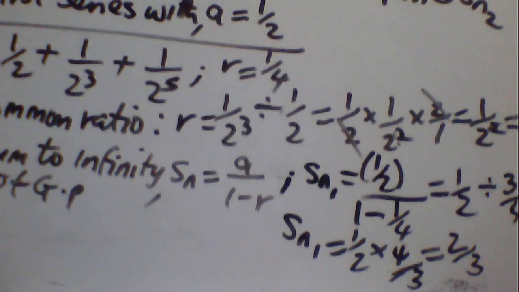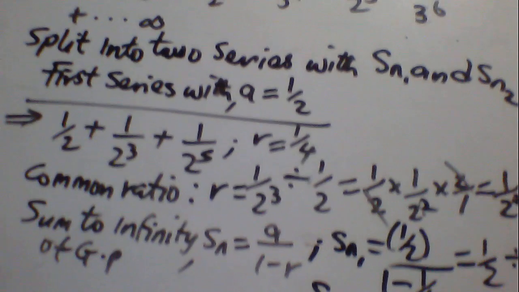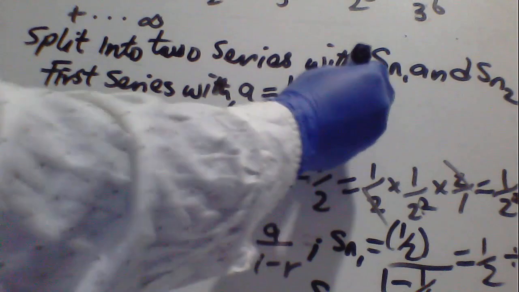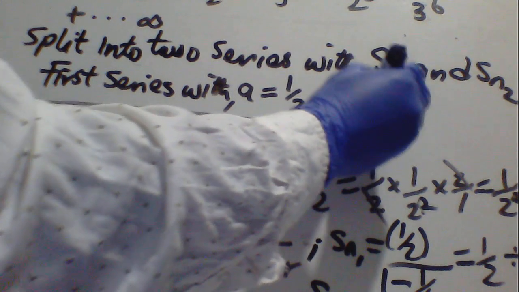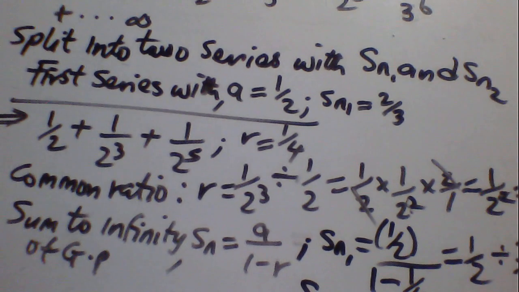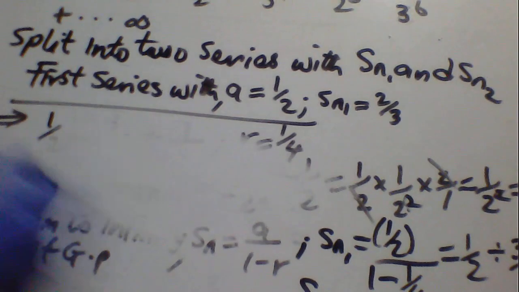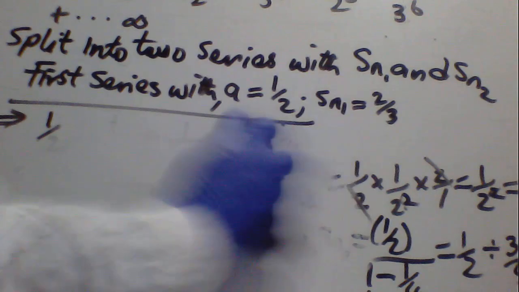So we have gotten the first sum to be 2 over 3. So here we have Sn1 equal to 2 over 3. The next thing is to solve for Sn2, the second series that makes up the entire series.